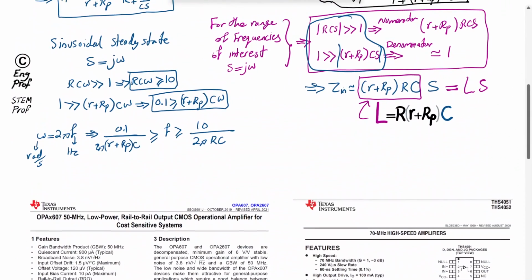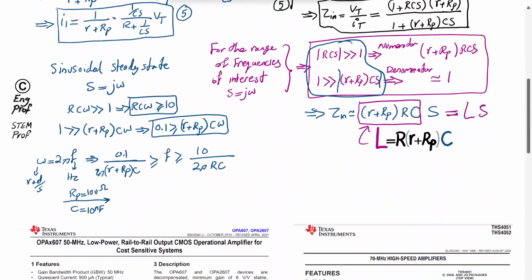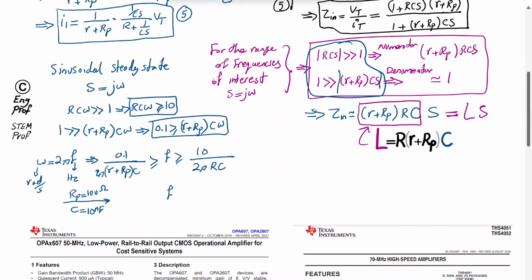So RP is 100 ohm, C is 10 nanofarad. Then here's what we're going to get: f is less than or equal to 0.1 divided by 2π times 110 times 10 nanofarad, which is 10 to the power minus 8, and greater than or equal to 10 divided by 2π.